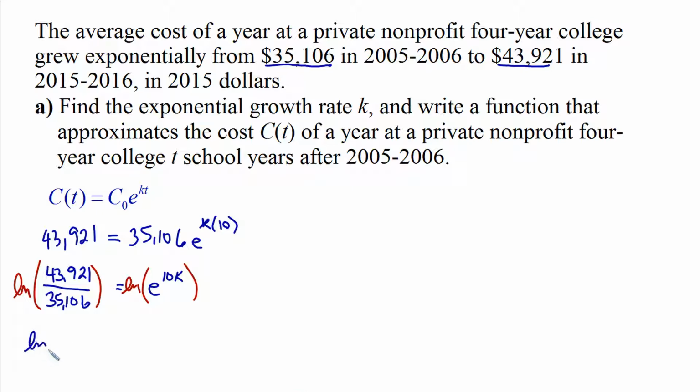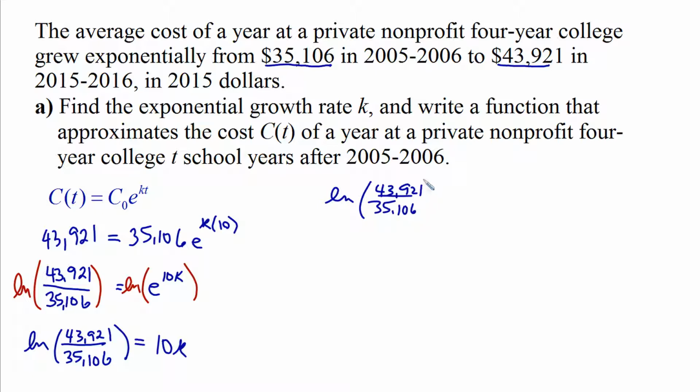Simplifying, we have the natural log of 43,921 over 35,106 is equal to 10k. Dividing both sides by 10, we have the natural log of 43,921 over 35,106 all over 10 is equal to k.